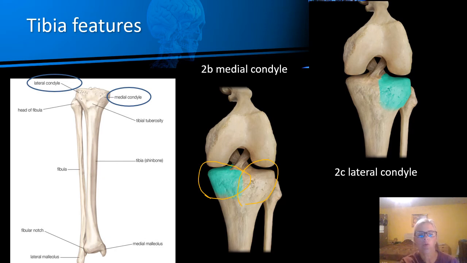For the tibia, what you want to look at to see the orientation is the medial malleolus down here at the bottom. Which side is that on? That will help you to orient it. This is an anterior perspective. So if you are looking at the bone from the anterior perspective, the medial malleolus is on the right.